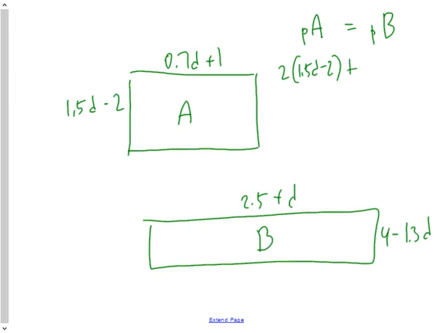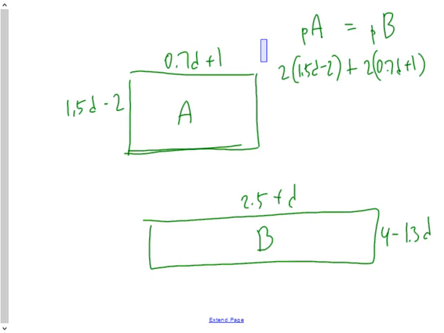And there's two lengths as well. So there's two of these 0.7d plus 1s. So that expression is actually the perimeter of A.